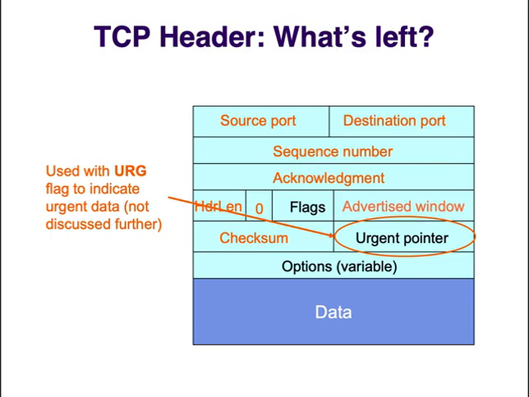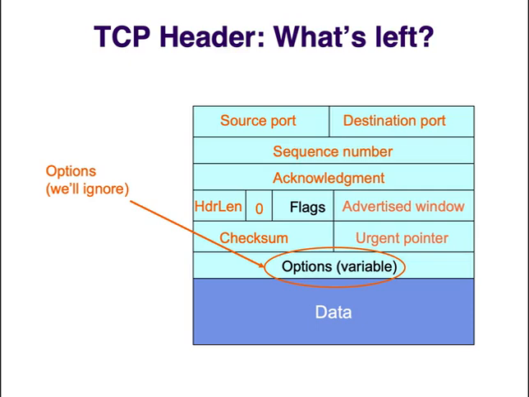You will have the ability to then send some data with the urgent flag set and the urgent pointer saying, this data is urgent, you need to pass it up to the application immediately. And it would bypass any bytes that had arrived before it, and it would not necessarily wait for all the bytes to be received. As far as I know, not used very widely, but that was the original reason for having it.